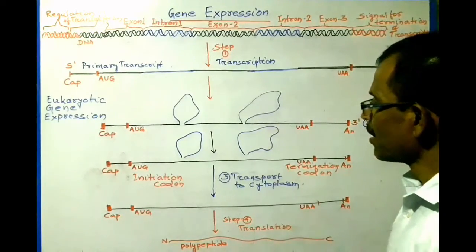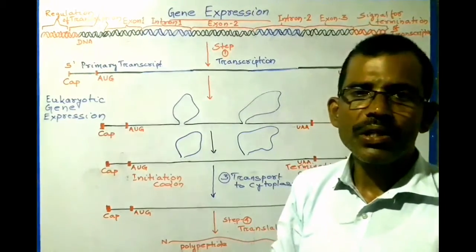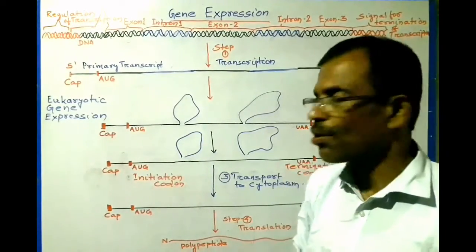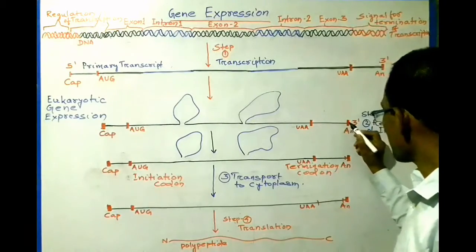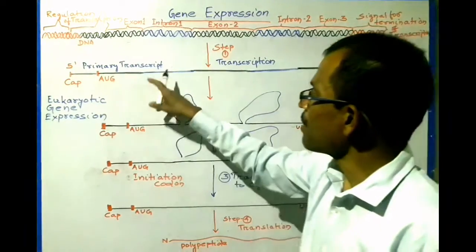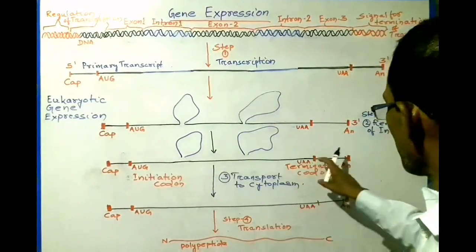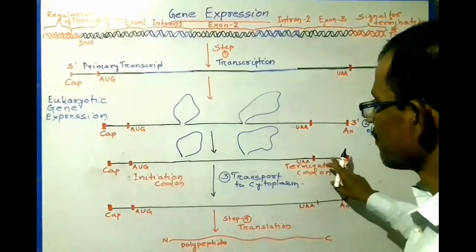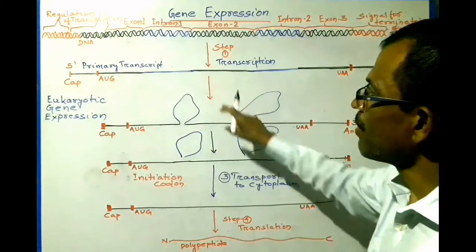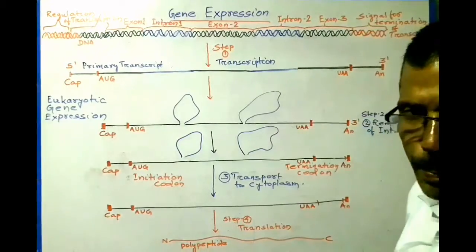In addition to this, during processing, a 7-methyl guanosine cap is added to the 5' end, and at the 3' end there is a poly A tail. So after processing, the primary transcript is converted into an mRNA. This primary transcript is the precursor of the mRNA, so it is also known as pre-mRNA.